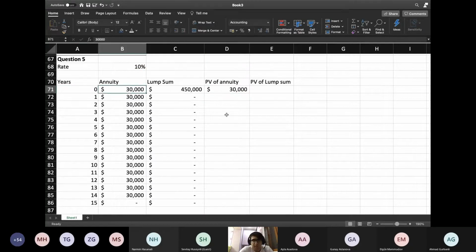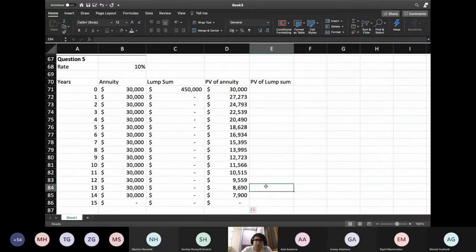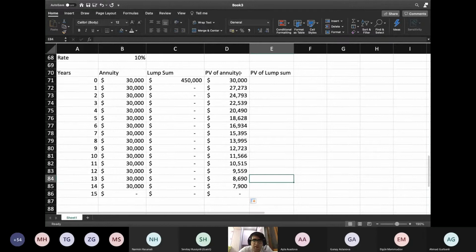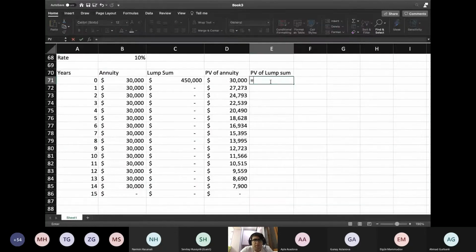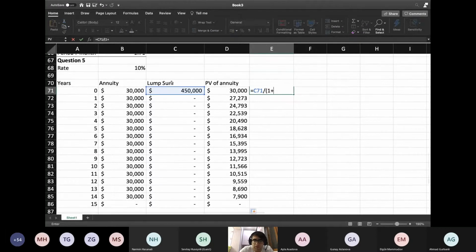The first payment, which is made at year 0, has a present value equal to itself because you are receiving it now. Let's drag it down here. So it is going to decrease. It decreased because the years increased, time increased. The present value of the lump sum is also the same, equal to rate to the power of 0.